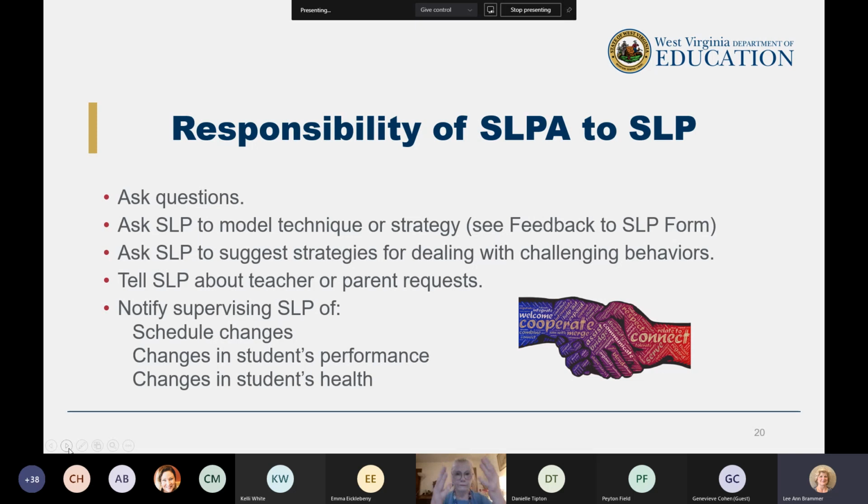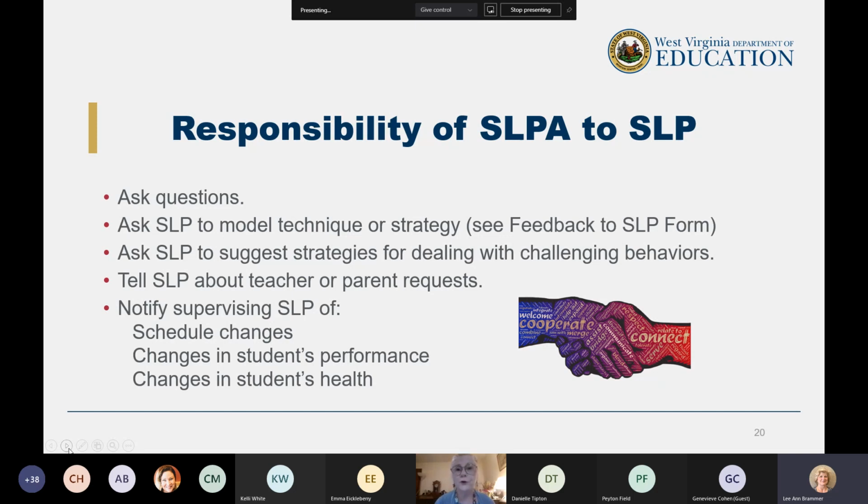Some people want you to model, to show me. Some people want to read about it. Some people want written notes. So this is your chance to tell your supervisor how you best work and how you learn best. Because remember, our focus is the quality of the services that are provided to the student.